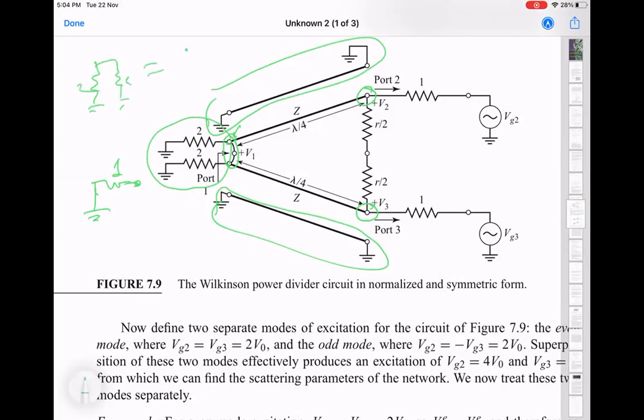So this is equivalent to 1 ohm. On this side, there is no such requirement. And here they have connected a voltage source and called it VG2 and VG3. And on this side, the voltage is 0, basically because it's just connected to ground.